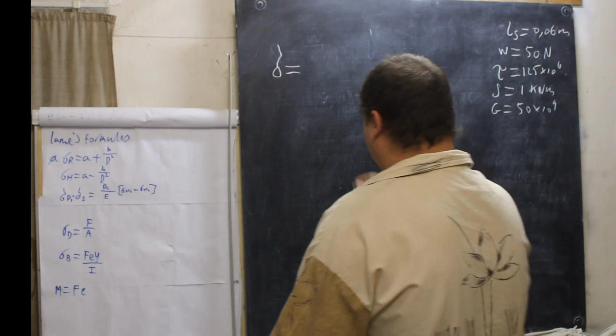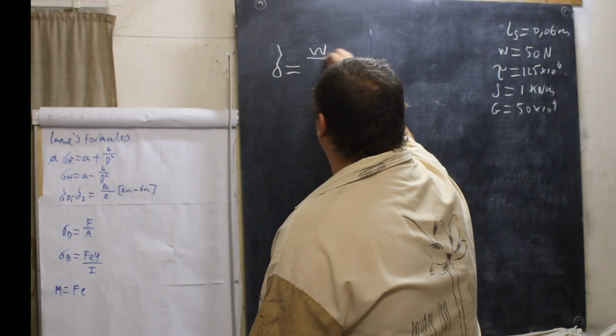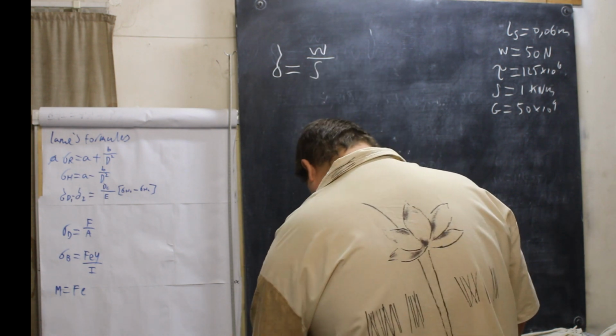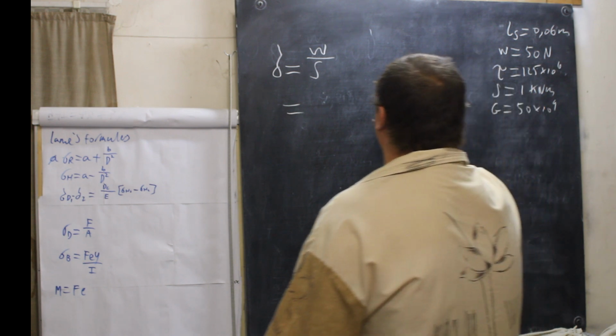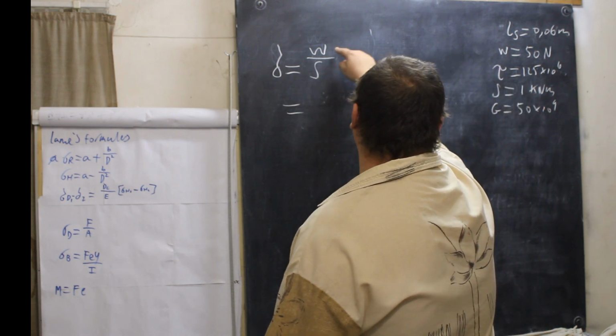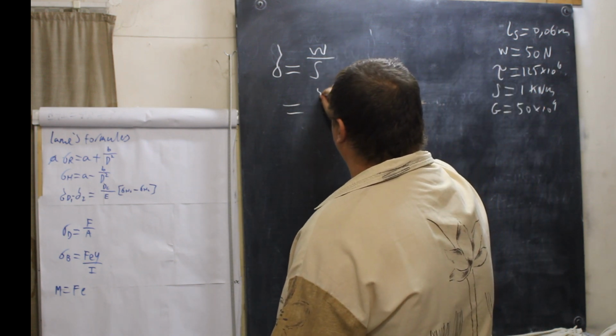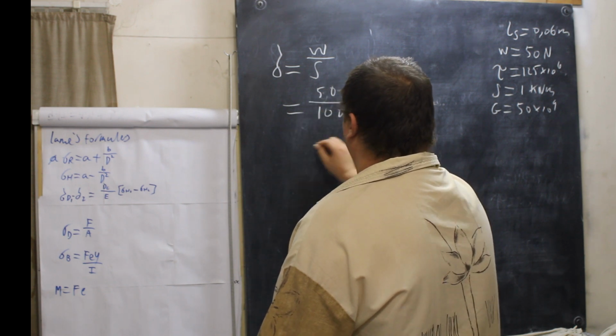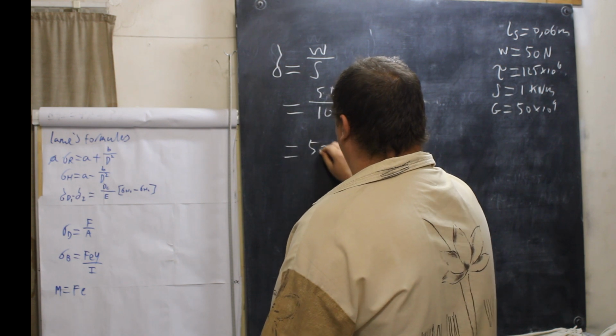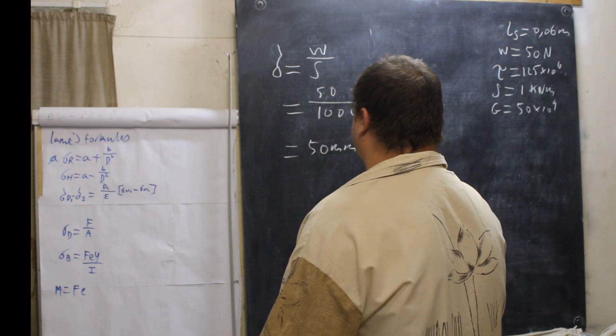So deflection is W over S, which equals, so S is 1 kilonewton per meter, and we're dealing with newtons. So it's 50, the weight, 50 over 1,000, which equals 50 millimeters.